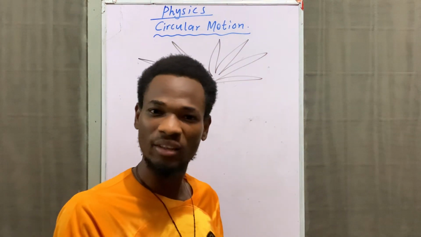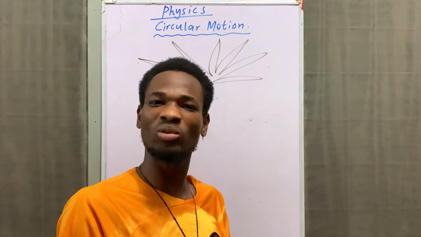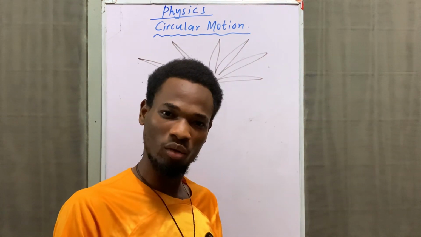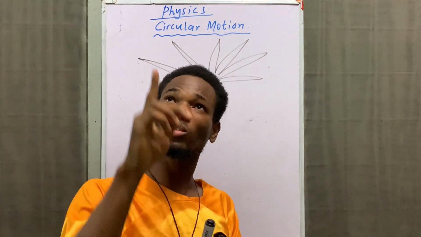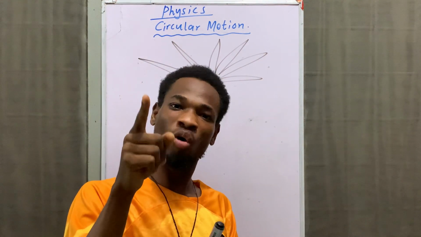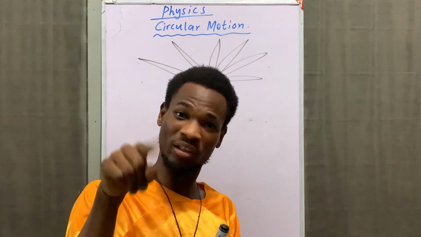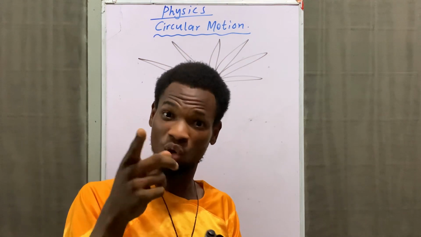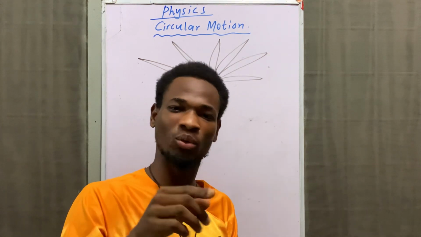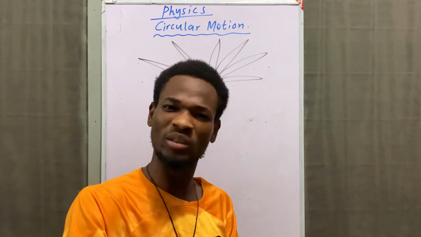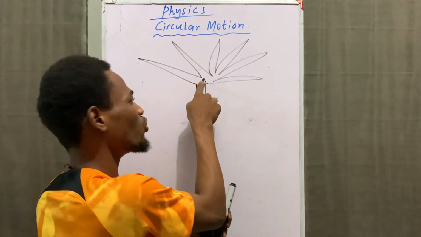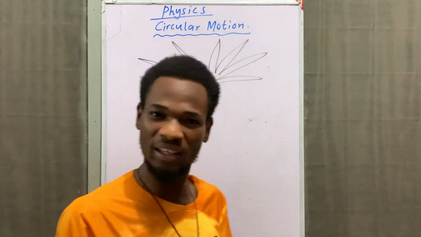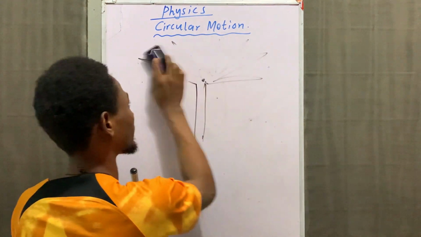Please, are you okay? It is even difficult to distinguish between the center and the body. So for the motion of a fan, when the blades of the fan are in motion, it's not circular motion, but rotational motion, because the center or the axis lies within the body. Please, are you okay? Now, that is that.